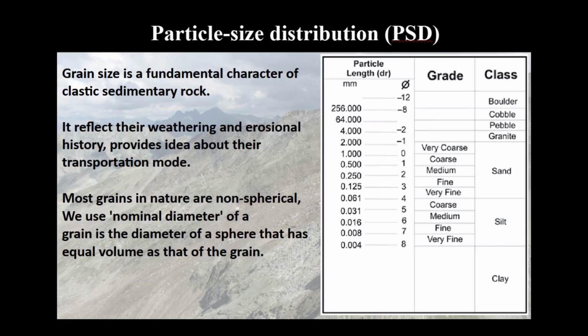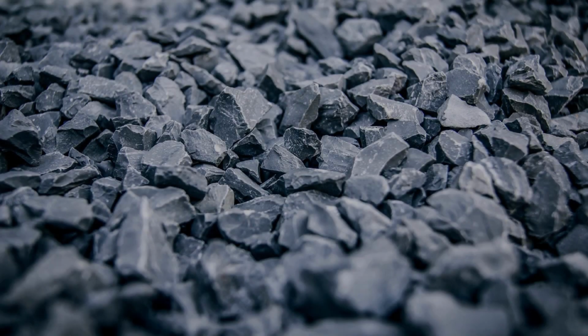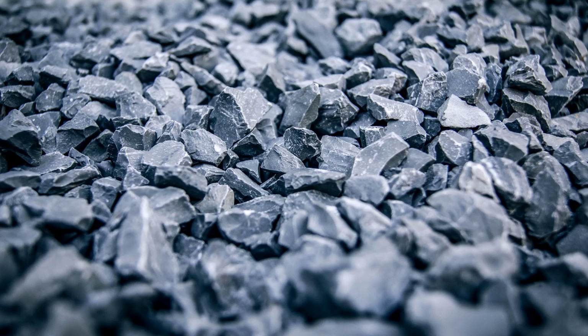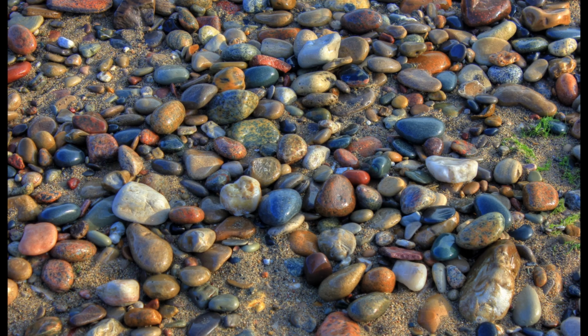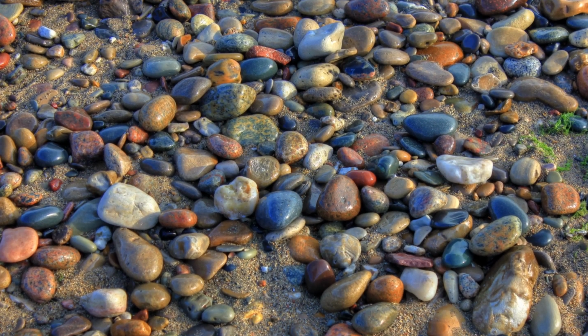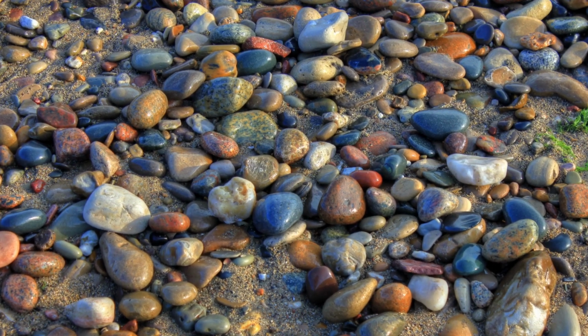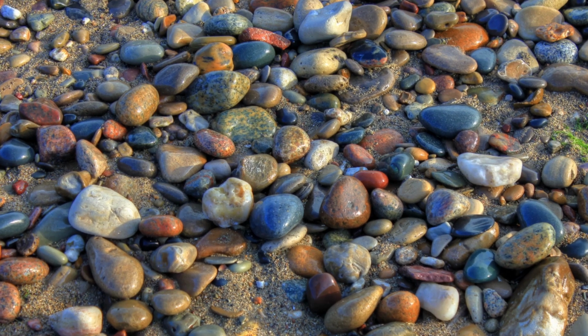But in our estimation and description of grain size distribution, for example, when we calculate it using a laser particle size analysis, we put in the estimation that it's a particular size, particular shape. You have to keep it in mind. So we use this term of nominal diameter of the grain, which is the diameter of the sphere that has equal volume as that of the grain. So this is something very much a mathematical approximation.